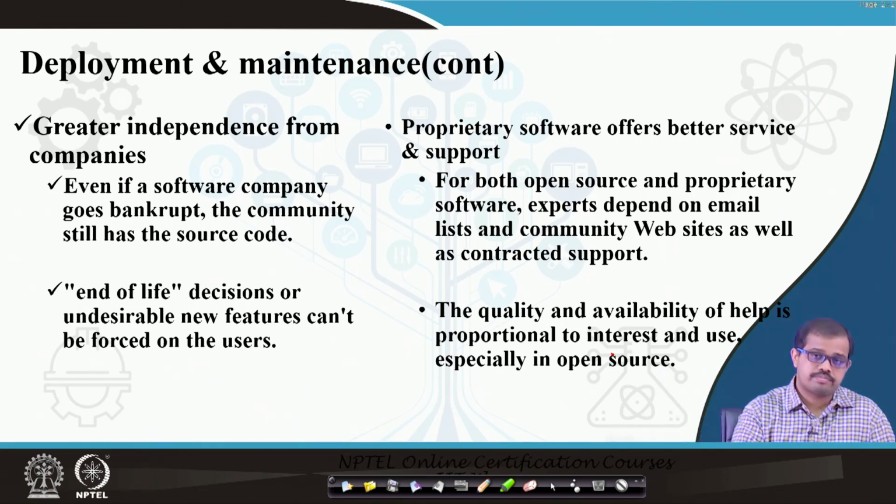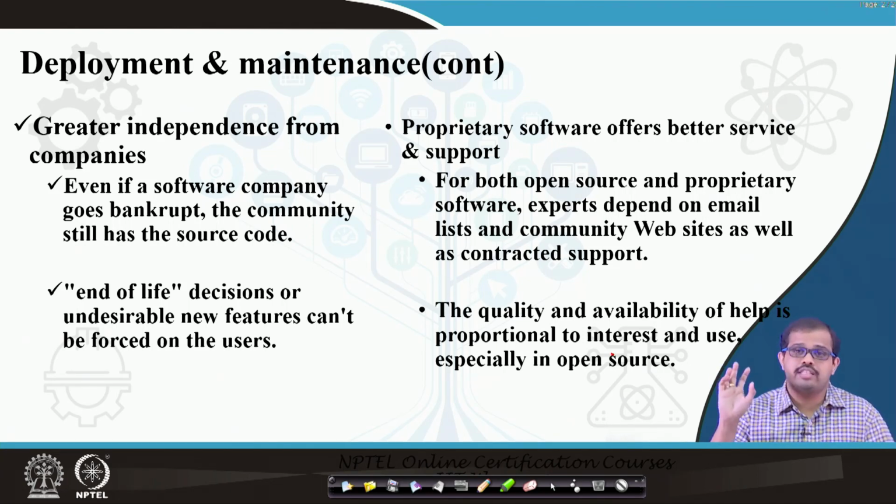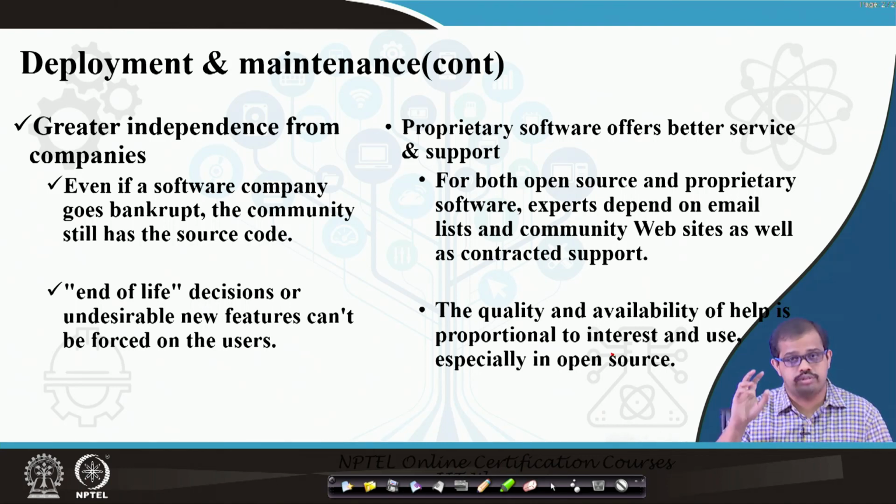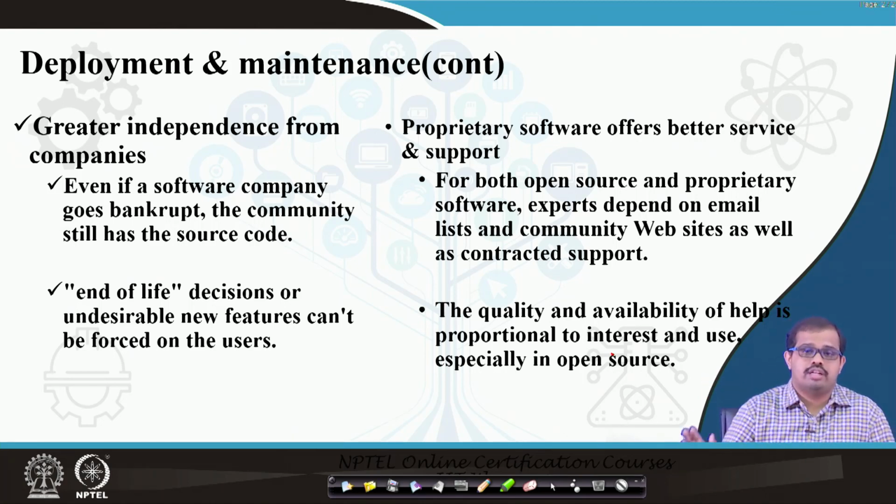Whereas with open source software, even if the software company goes bankrupt, the entire community still has the source code. Okay, so most importantly, end of life decisions or undesirable new features can't be forced onto the user. That is what is extremely different between open source and proprietary software.